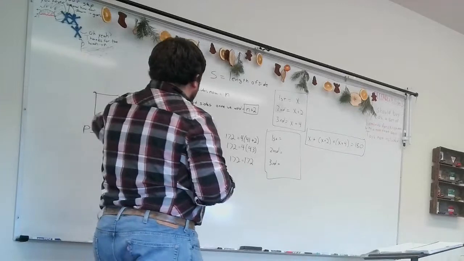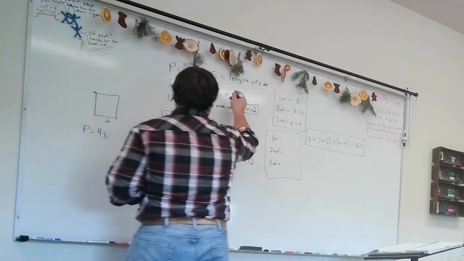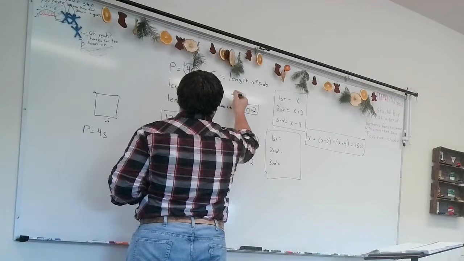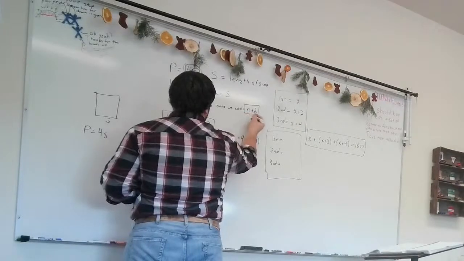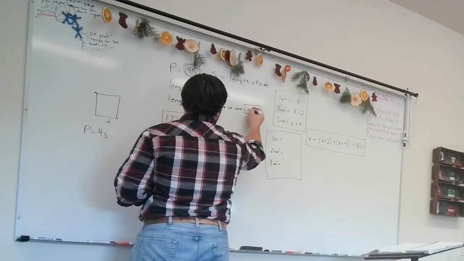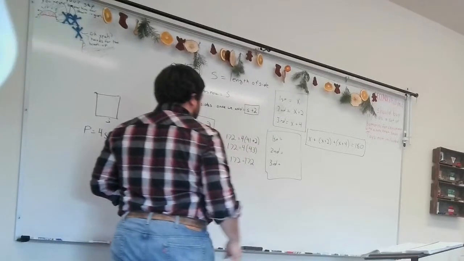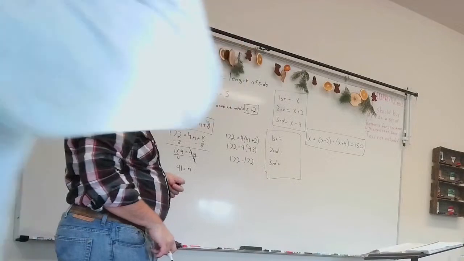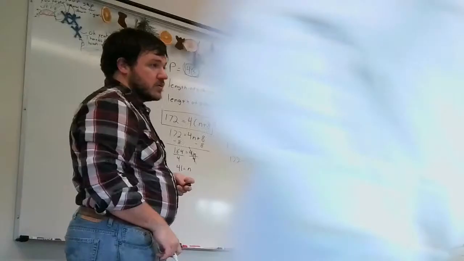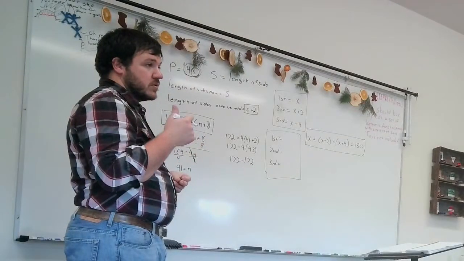but I used n here because the length of my side is now. I suppose I could have used s and it wouldn't have mattered. But we have to remember that the length of sides once we add is going to be s plus 2. Okay, so then I would write the length of sides equals 41, and then the length equals 43.